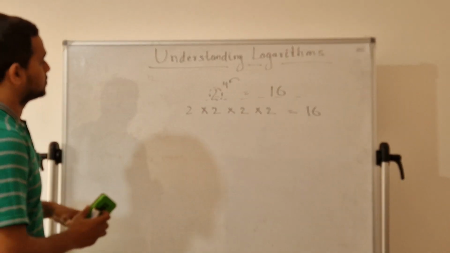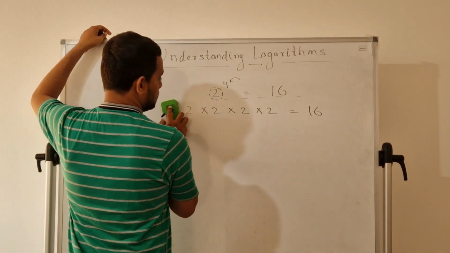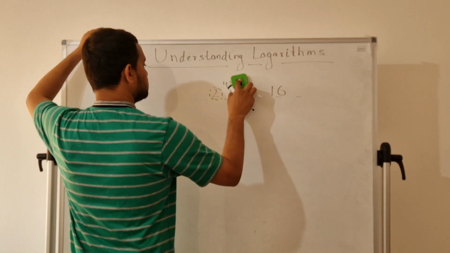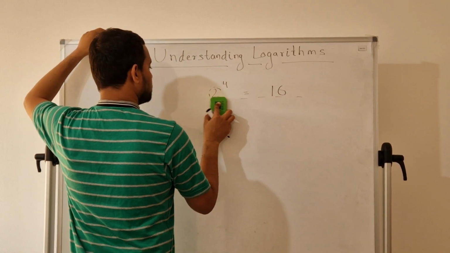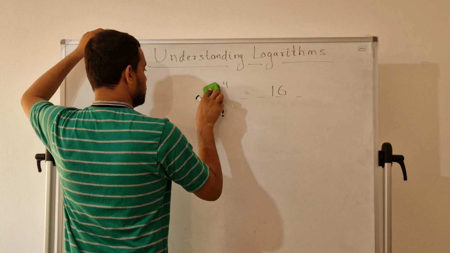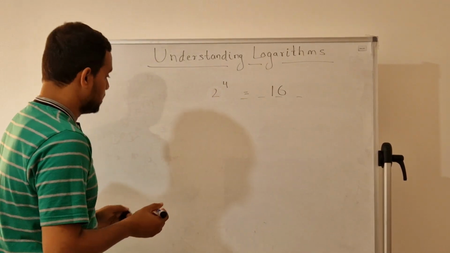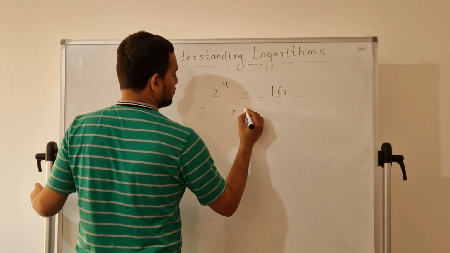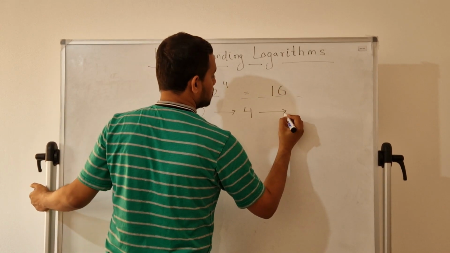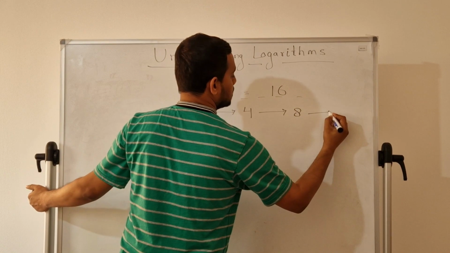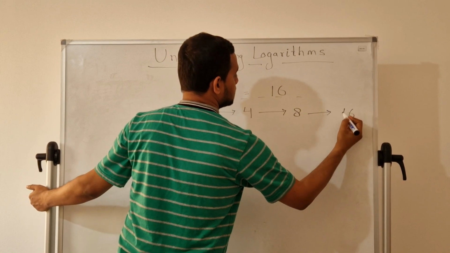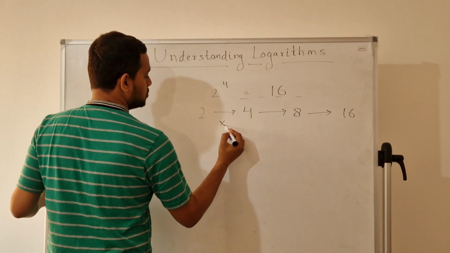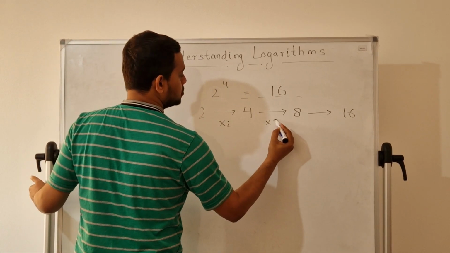Let's think more. In a way, what is happening is this 2 became 4, this 4 became 8, and this 8 became 16. So you multiply it by 2, you got 4. You multiply it by 2, you got 8.